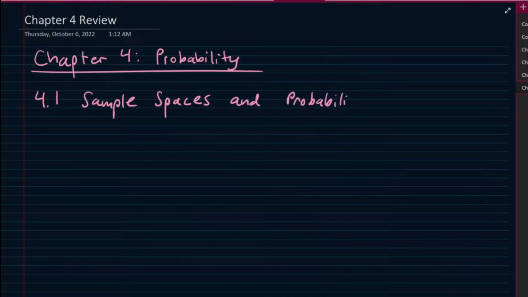And what are the important things that you really want to take away from this section? Well, number one, let's talk about a couple definitions.